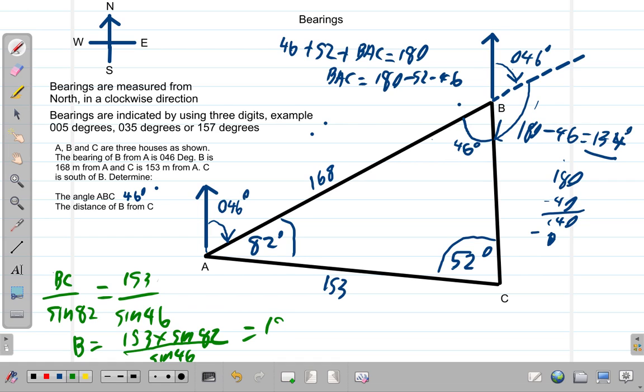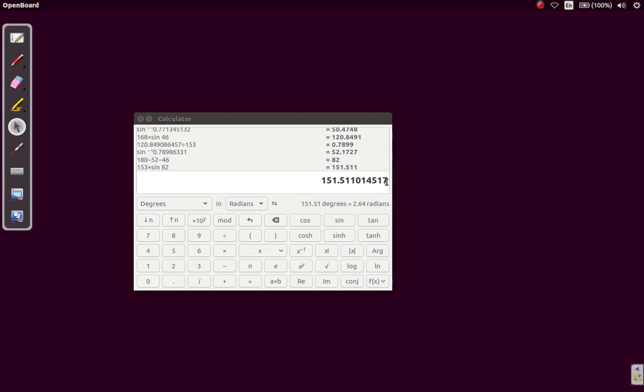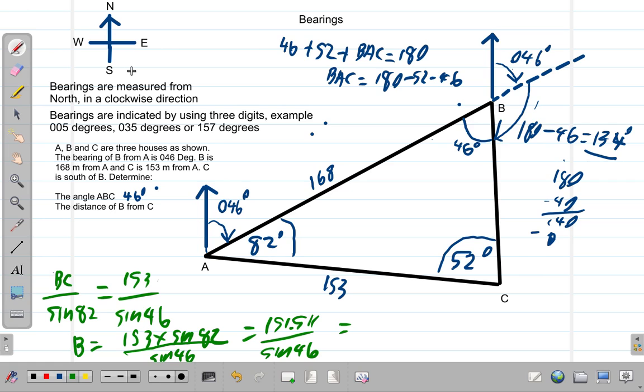Then 151.511 divided by sine 46 equals 210.625. Call it 210.6 meters. Now it's not drawn to scale, so it's really longer than this.